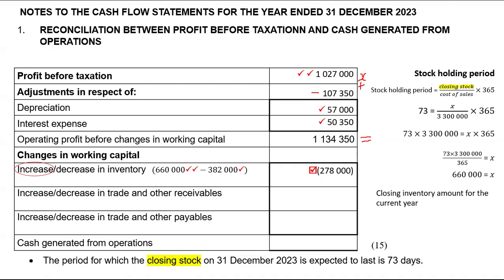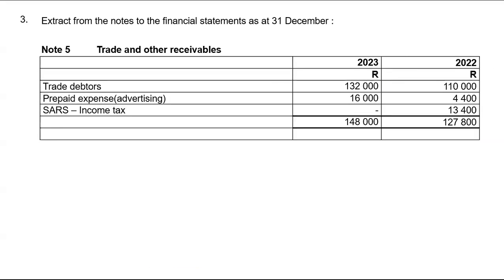Now let's go to trade and other receivables. With trade and other receivables, I already saw the note. In that note, the only thing I am going to exclude is income tax, because this is shown separately on the face of your cash flow statement. So 13,400 has to be excluded for 2022. For 2023, I'll still have 148,000.